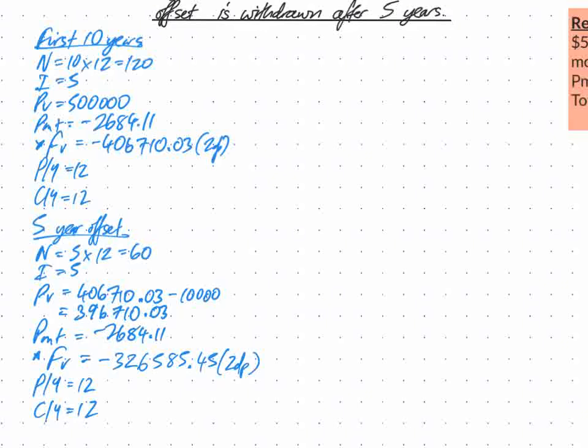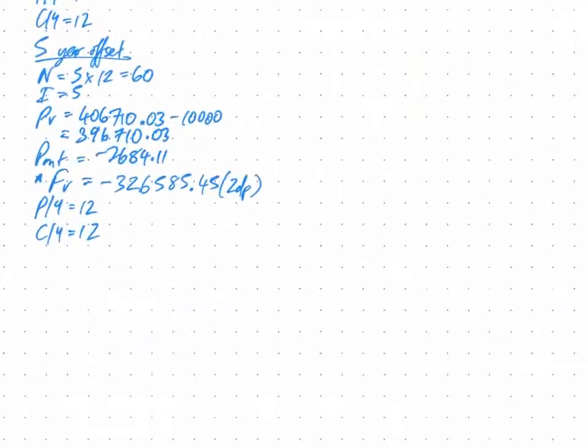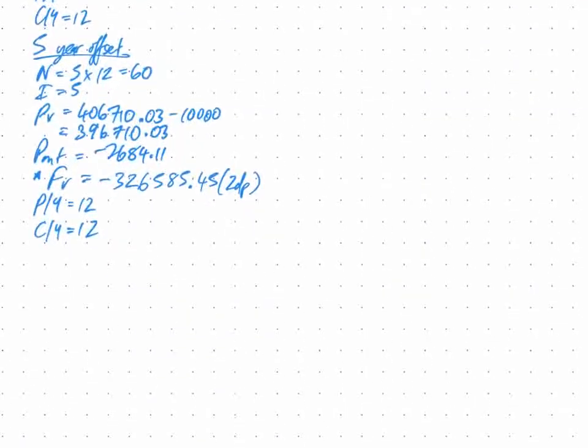So that's the 5 years sorted. And now we need to sort out the remaining time. So the offset gets removed. So I still have a remainder of the loan to pay off. But it's after I've taken the offset money out. So I'm not reducing it anymore.